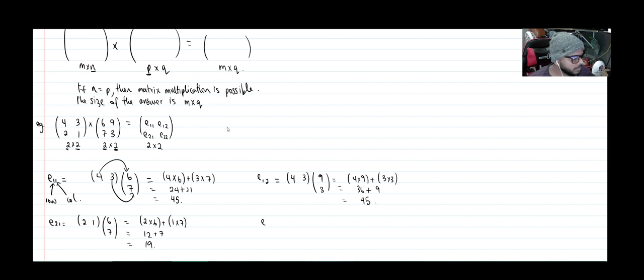And lastly, E22, second row, second column. First matrix, second matrix. Second row, second column, go ahead and multiply them. So we get 2 multiplied by 9 plus 1 multiplied by 3. 9 2s are 18, plus 1 3 is 3. 18 and 3 is 21.